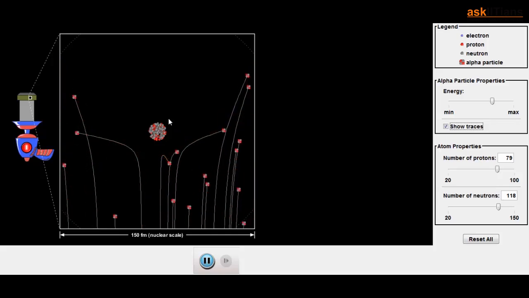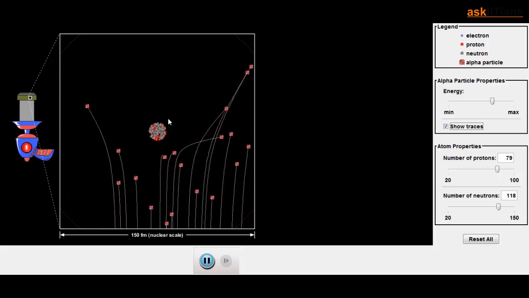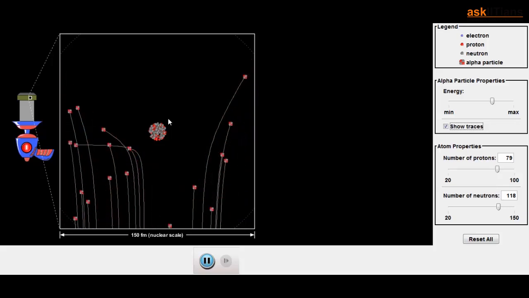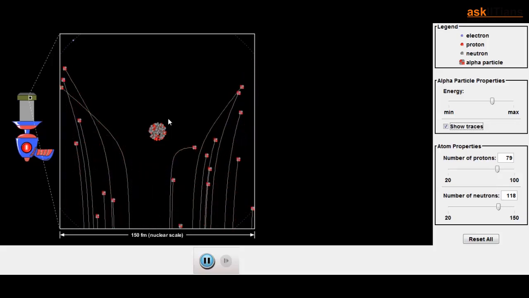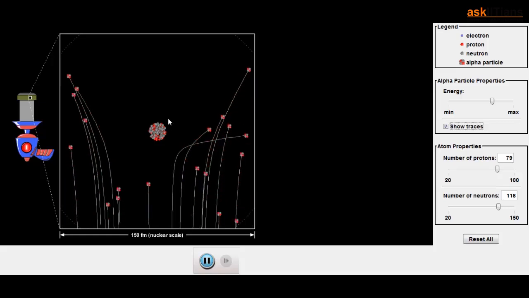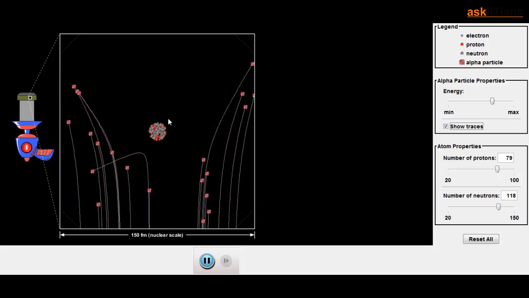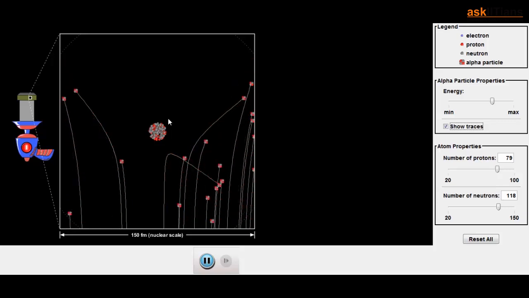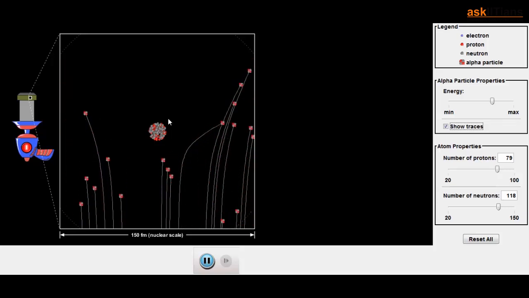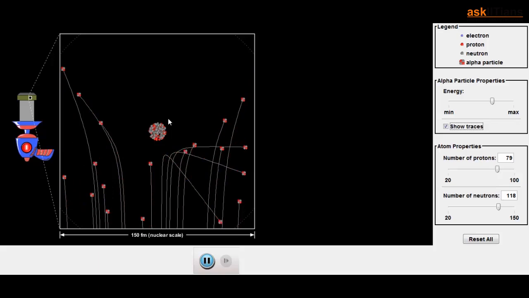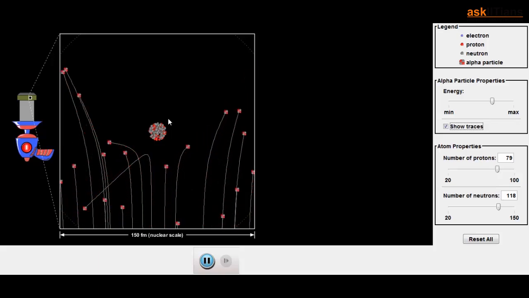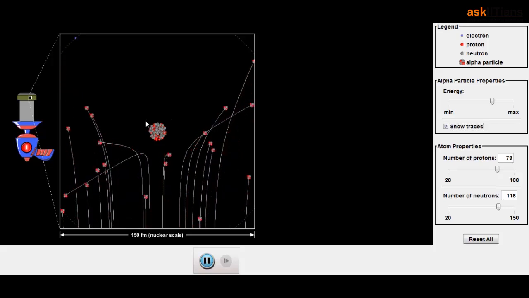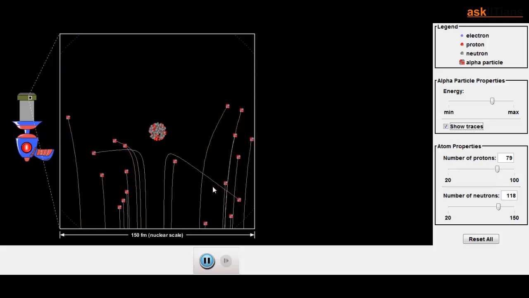Based on his experiment, he gave his version. Corresponding to his observation, this model has been designed in front of you. Whereas Thomson came up with his idea without any backing from an experimental point of view, Rutherford performed an experiment and, based on the observation he got, came up with his version of atomic structure. So this is how a nucleus will behave when we bombard alpha particles at it.